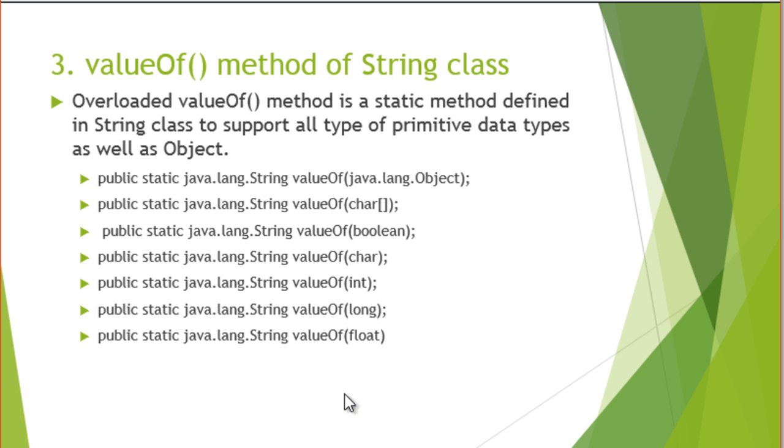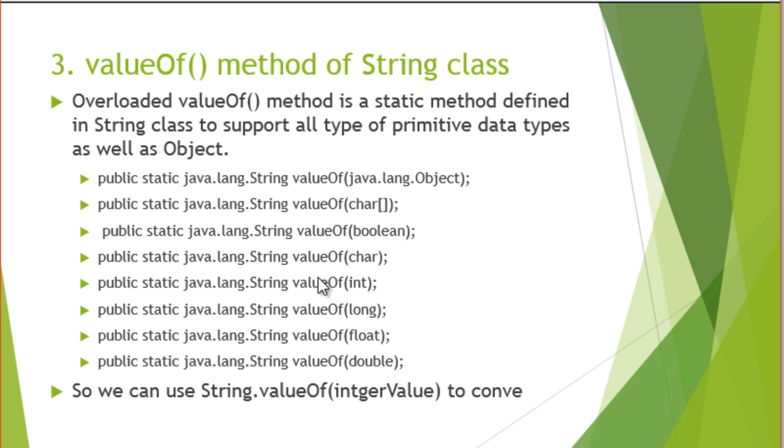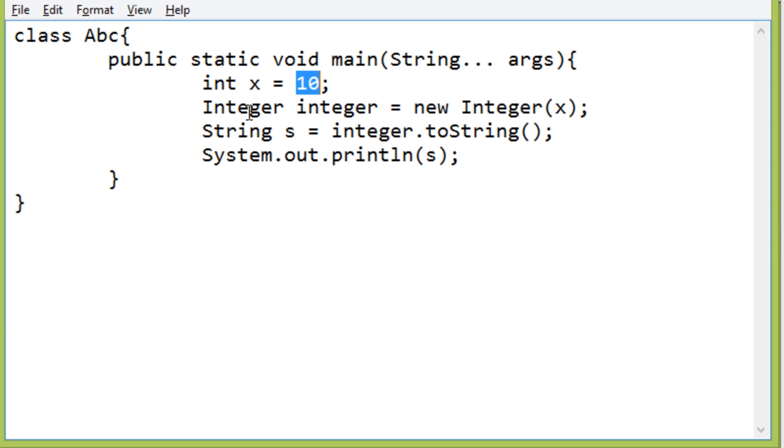So there are so many methods with different parameters. So we can use the String.valueOf method and pass the integer value to convert it into a string. Let us check it by an example.